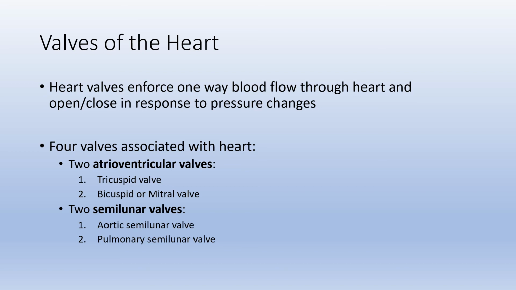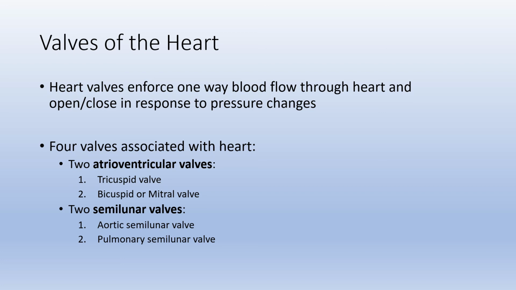The bicuspid or the mitral valve will separate the left atrium from the left ventricle. You may also see these valves known as the right AV valve and the left AV valve. But the name atrioventricular should tell you that it separates an atria or an atrium from its corresponding ventricle.